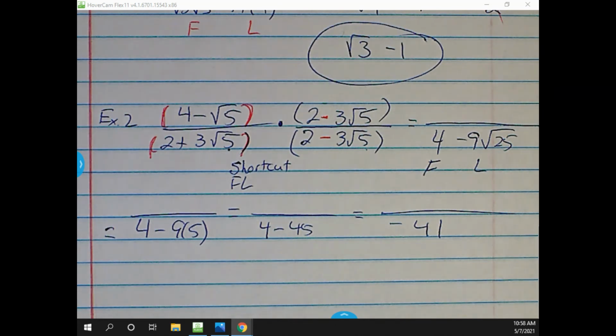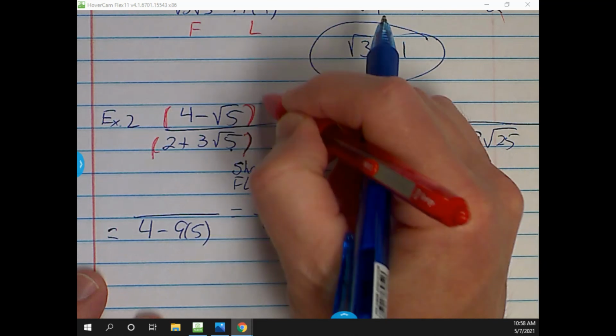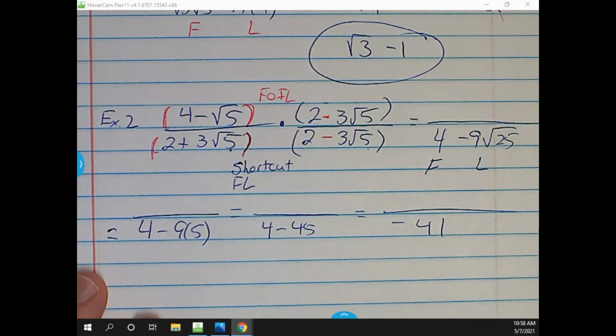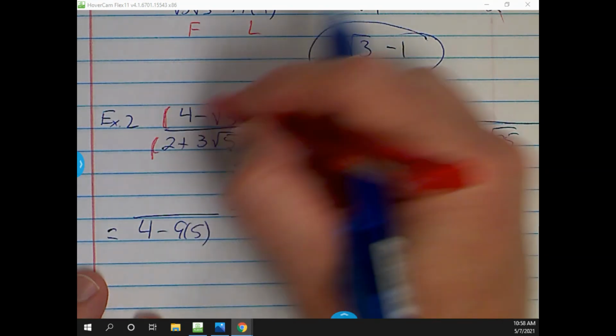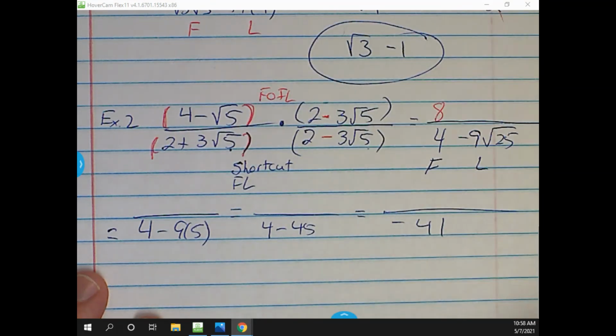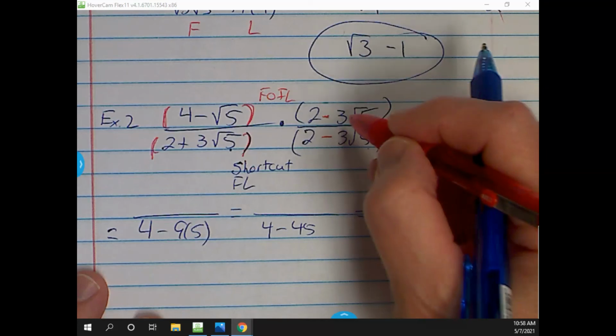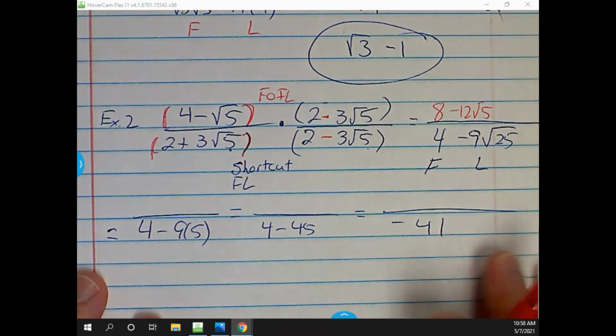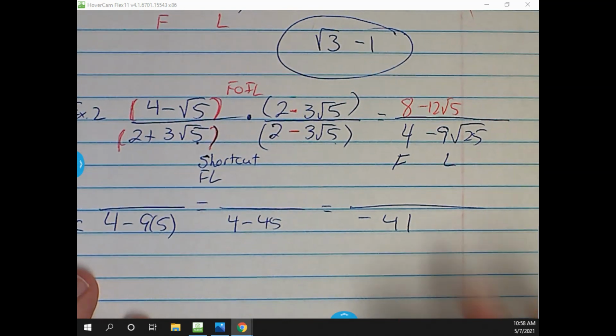The top part, this one's going to be a little bit longer than what we were doing before because on the top part, there is no shortcut. We are going to have to just do the full method. Okay, so going through that one, we've got 4 times 2, which is 8. We've got 4 times negative 3, which is negative 12, square root of 5. Hopefully I'll make all that fit here.